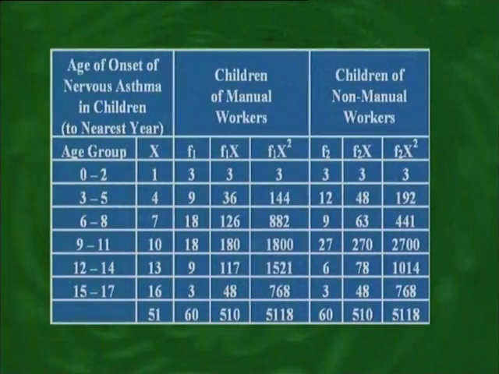If we want to compute the mean and standard deviation, then we will do all those calculations which I conveyed to you earlier. And as you now see on the screen, the calculations for the children of manual workers and those for the children of non-manual workers provide all the sums that we require in order to substitute in the formulae of the mean and the standard deviation.